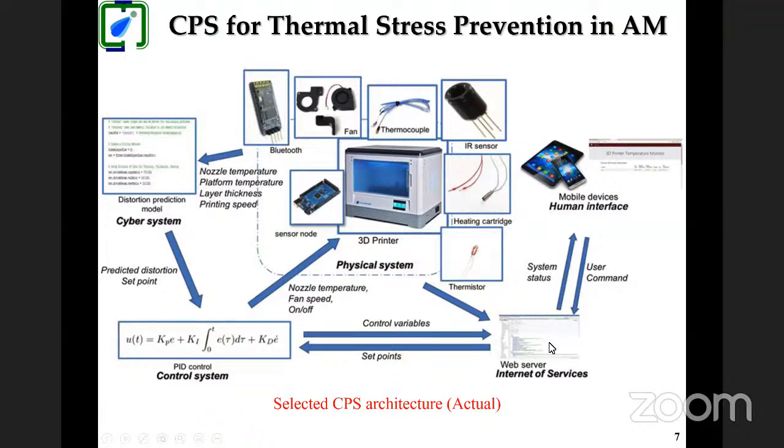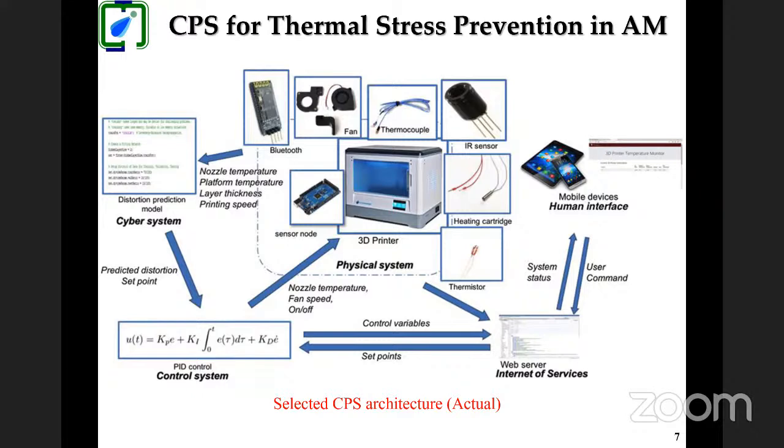And based upon this command, the Internet of Services will again set the set points, and the difference between the predicted set points and set points will be responsible for this controller to actuate and control the nozzle temperature, the fan speed, all the on-off conditions, so that the 3D printer is controlled and temperature never rises or lowers beyond 200 degrees centigrade, because the set temperature is 200 degrees centigrade, which gives you the best possible layers on the part which is being deposited.